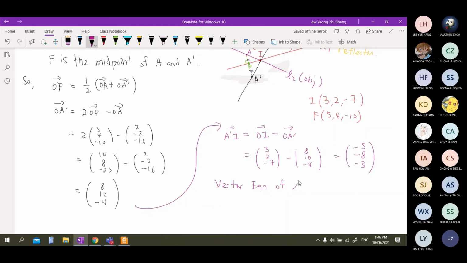Vector equation of L3 is r equals, don't forget your r. Whenever you state a vector equation, you need r on the left hand side. The vector equation of a line is r equals a bracket plus lambda, but lambda and mu have been used before, so let's use a different parameter here. Let's call it t, where t takes all real values. As the direction vector, you just use A prime I, which is (minus 5, minus 8, minus 3).